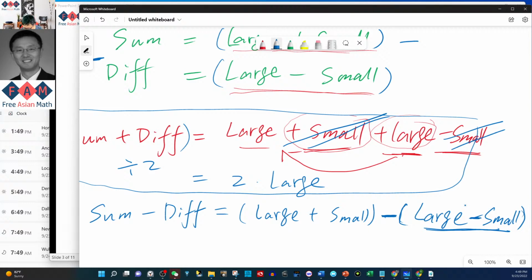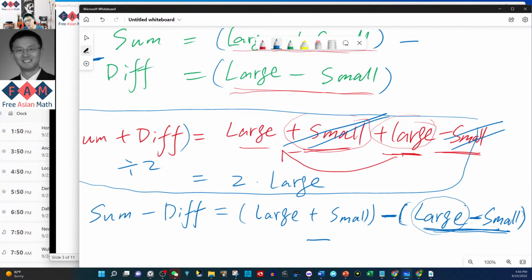So when we're subtracting them, this result as a whole, we are subtracting a number that is actually smaller than large. So this will be actually equivalent to, we first subtracted the larger number, then add that smaller number back.